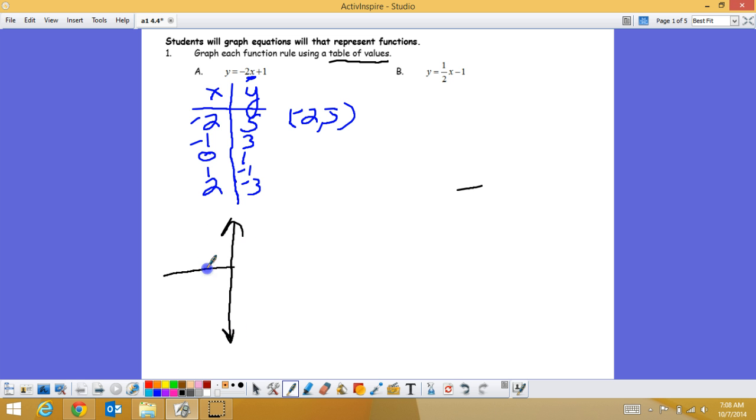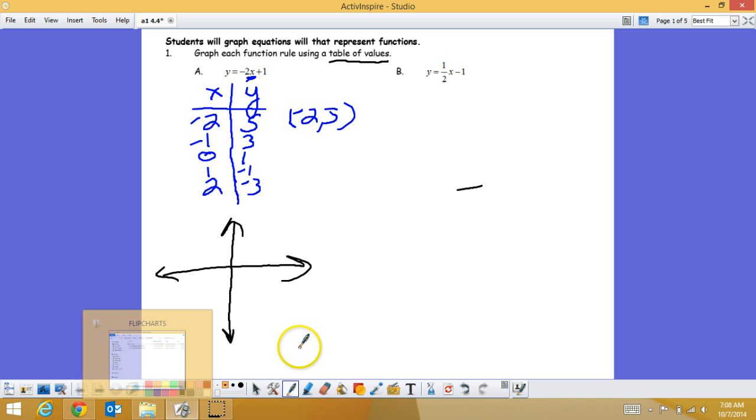So, to graph this, we will set up our axes, and we're not real concerned with being real precise with this, but just to give us an idea of the look of this graph, we're going to plot these individual points. So, for example, the -2, 5 would be about there. The -1, 3.